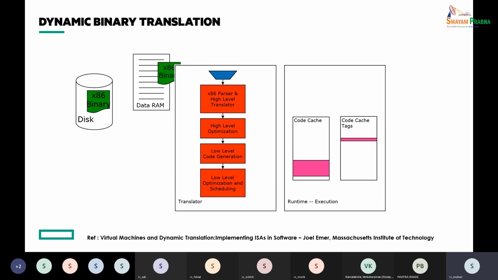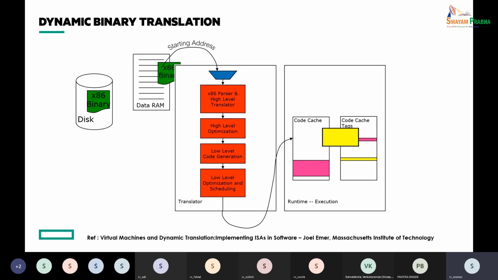In this case, it would read the binary. It would do parsing, like I said, low-level optimization, and then it would maintain the translated code in a code cache. It would also maintain tags, because in code you have things like jumps and branches.